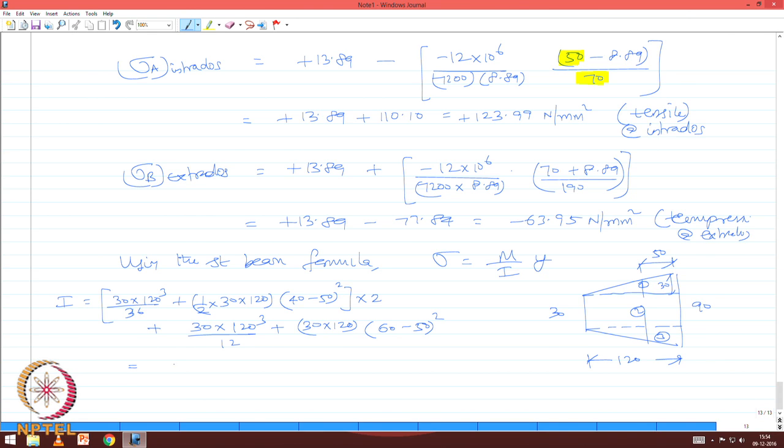So, I get this value as 7.92 10 power 6 mm4.